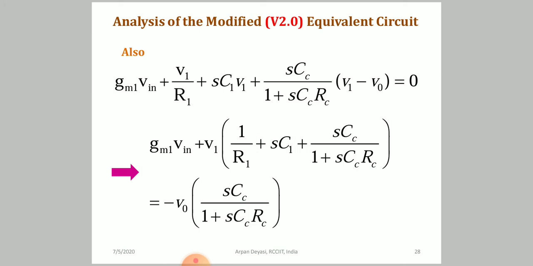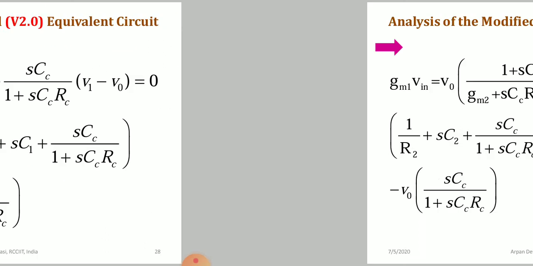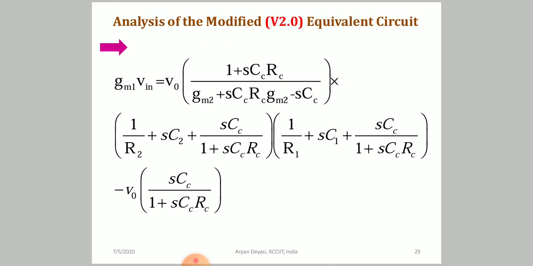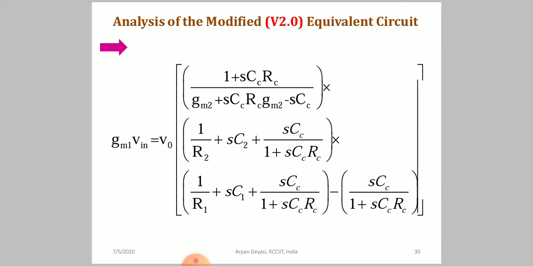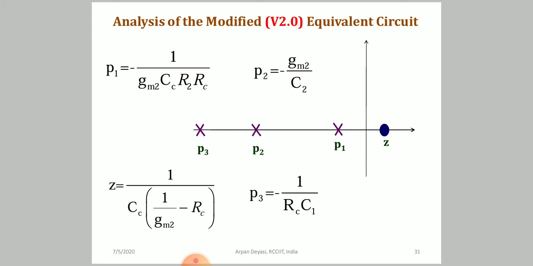So the relation between V1 and V0 is already established, and we have just replaced it. Look, GM1 Vin equals V0 multiplied by 3 parameters minus V0 multiplied by another. It's a gigantic expression, and you will get GM1 Vin equals V0 into something in this format.